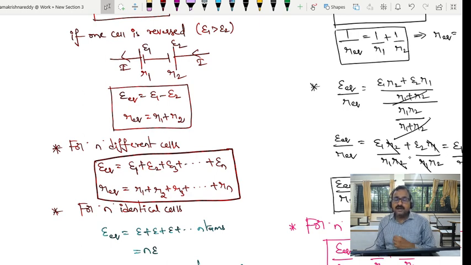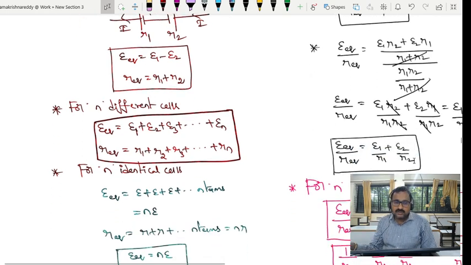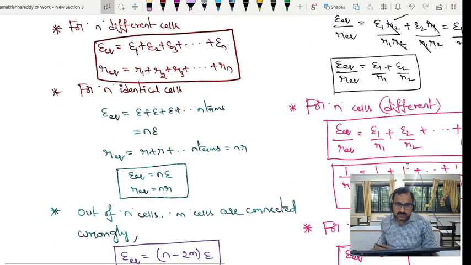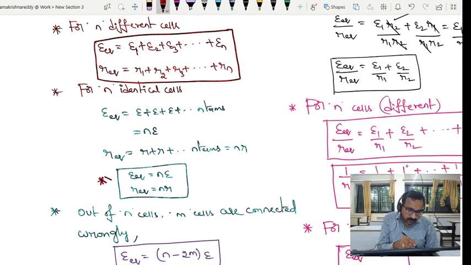But for n identical cells, what are we getting? E equivalent is equal to E plus E and so on n terms, then how much are we getting? nE only. So these are the two important points for n different cells and identical cells. Compulsorily everyone has to remember this. R equivalent we are getting there.